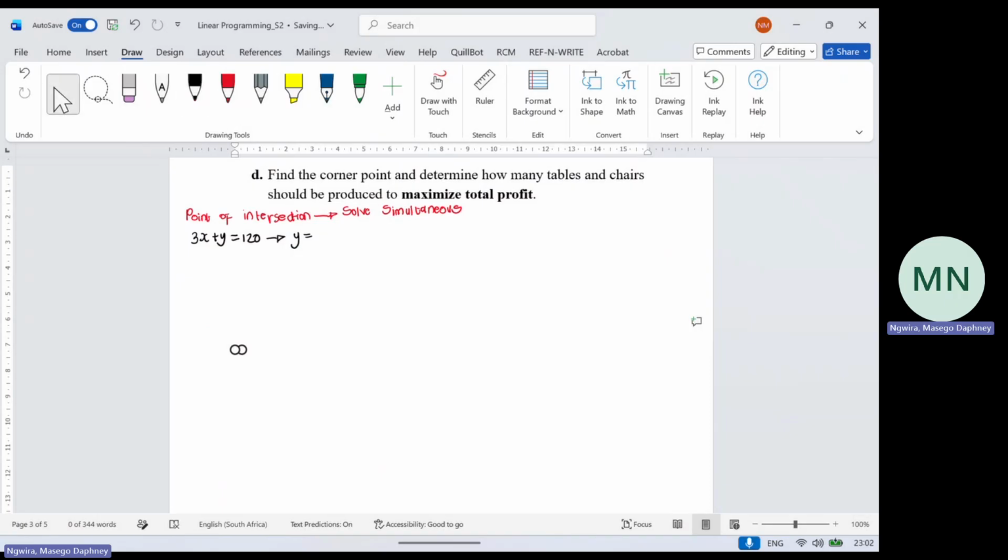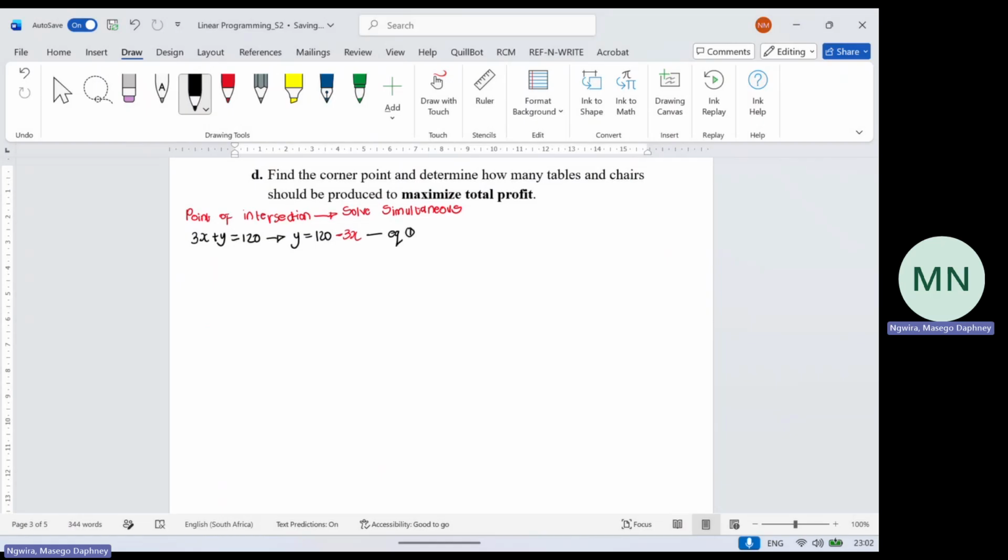I'm basically taking the 3x to the left-hand side. We'll understand why. So this will be 120 minus, because when you take the 3x to the other side it changes the sign and becomes a negative 3x. I am going to call this equation 1, EQ1.